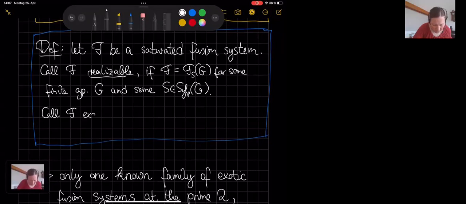We call F exotic if F is not realizable.